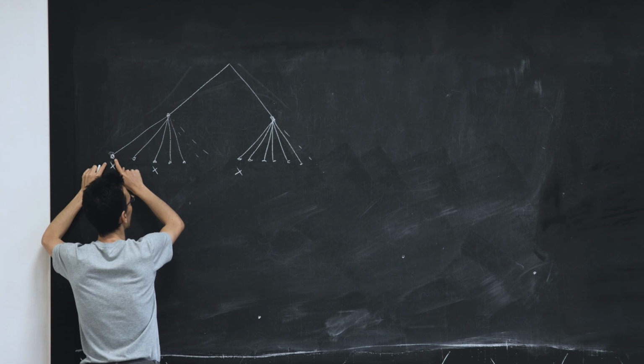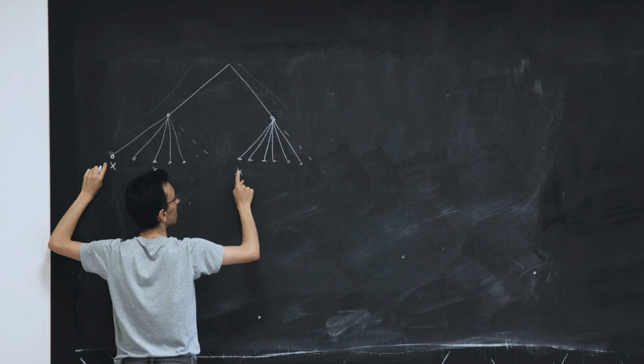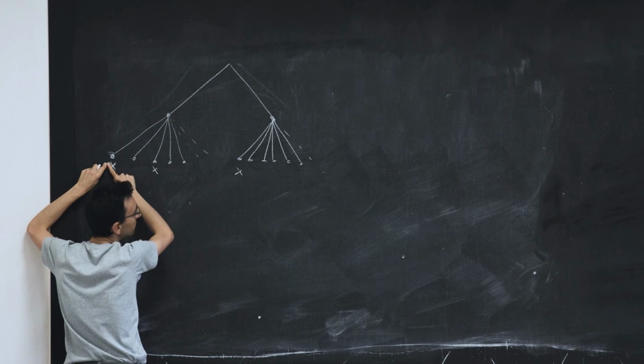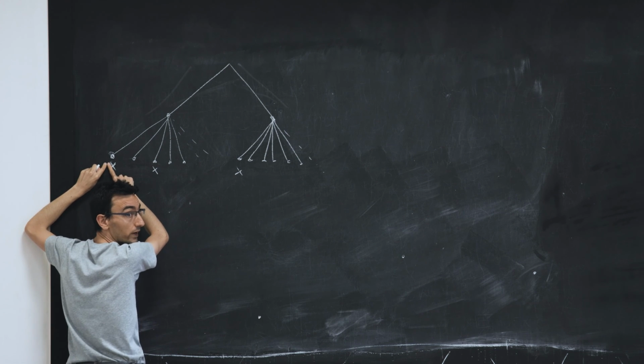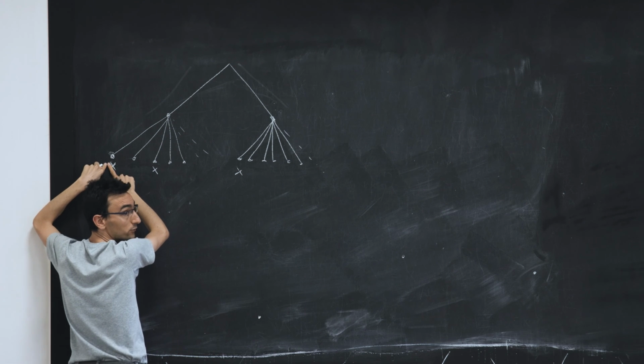So let me do the triangle. I have one edge like this to go from here to here. Then I go from here to there, and then from there to there. So you see that the two longest sides of the triangle have the same length, in fact. And so that's the ultrametricity property.